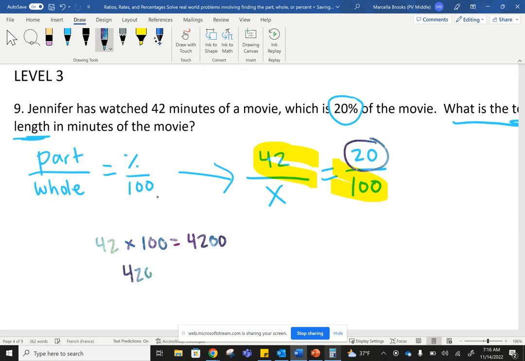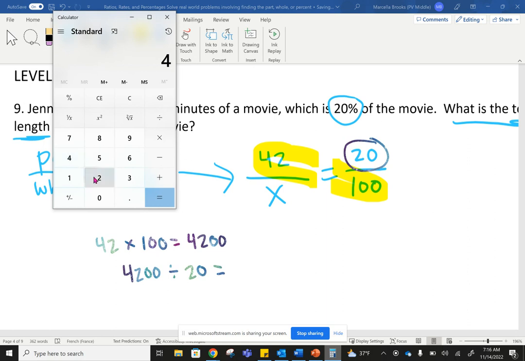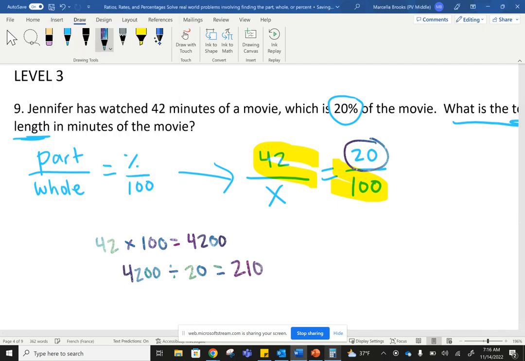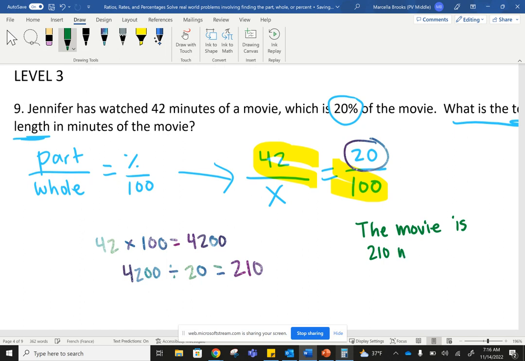So 4,200 divided by 20 equals 210. So the movie is 210 minutes long. So that's what we have to answer, though. That's important. We have to know what our answer means. So the movie is 210 minutes long.